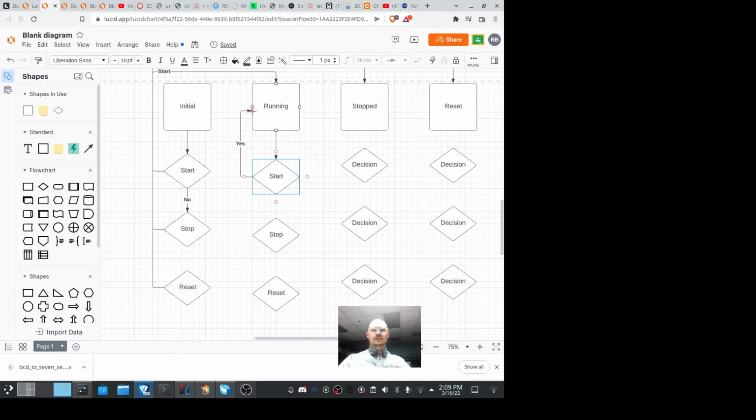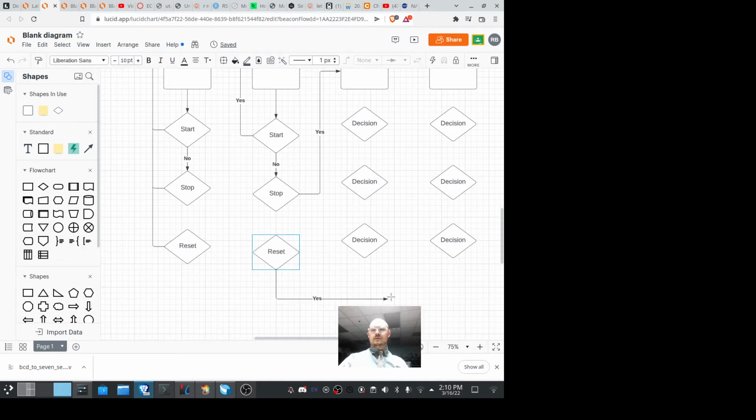Yeah, just go back to running, right? Just keep doing your thing. Nothing happens. From stop, we go to stopped. And from reset, should probably go to the reset state.